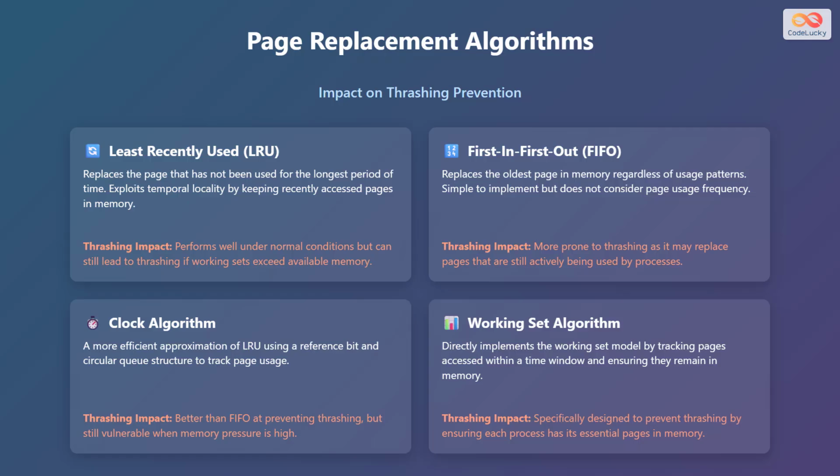While simple, it is more prone to thrashing. The clock algorithm, a more efficient approximation of LRU, uses a reference bit and a circular queue structure to track page usage. The working set algorithm directly implements the working set model by tracking pages accessed within a time window and ensuring they remain in memory, specifically designed to prevent thrashing.